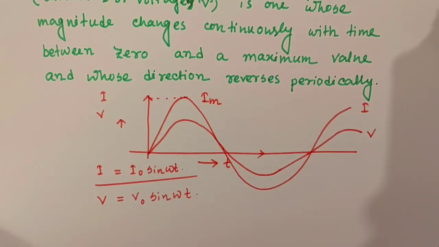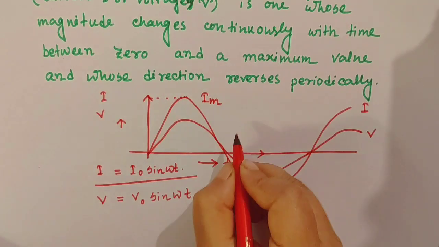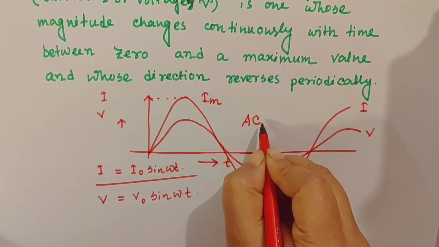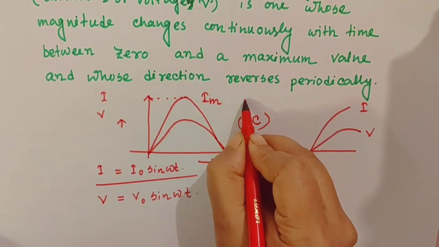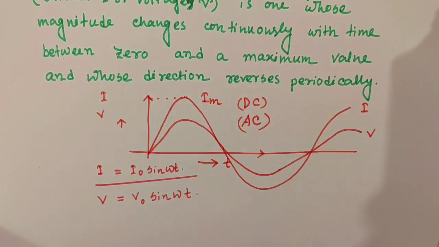We will now study the basic principles of alternating current. That means alternating current we can write as AC, okay, and direct current we can write DC. So we will now study the basic principles of alternating current circuits.